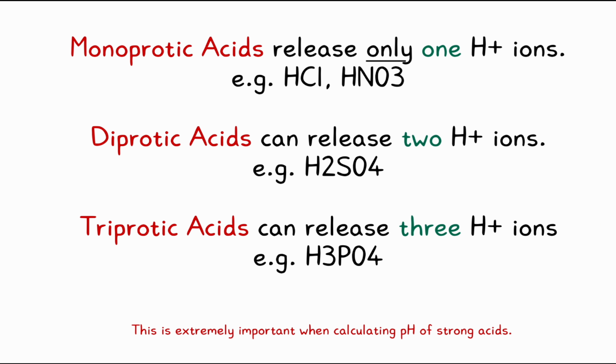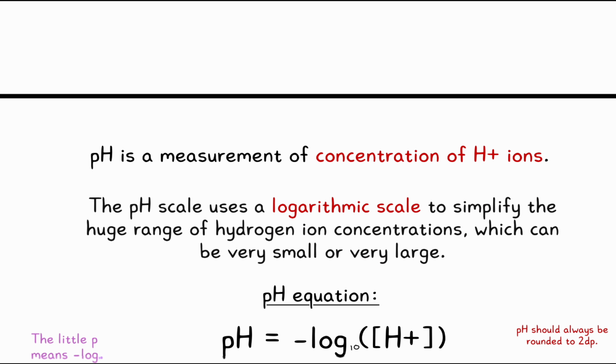So anything with 1 is monoprotic, anything with 2, like H2SO4, is diprotic, and anything with 3 is a triprotic acid. This is super important when working out the pH of strong acids, because you'll have to look at your ratios and your equation of dissociation, and we're going to have a couple of examples right now.